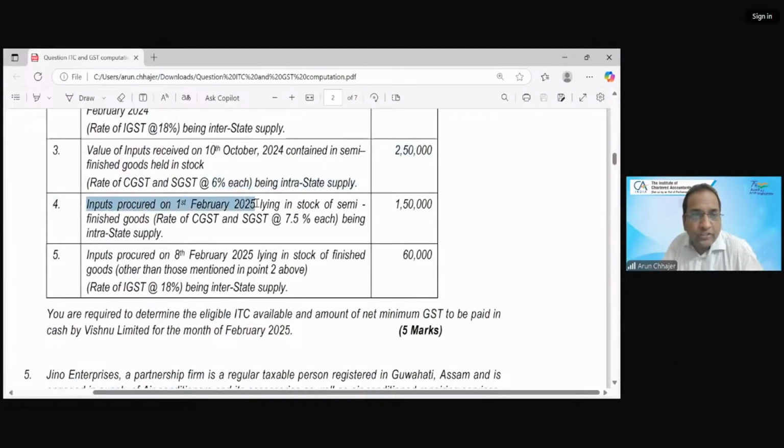Input procured on first Feb lying in the stock of semi-finished goods 1,50,000. ITC available or not available? Will the ITC be available or not available? Very simple. Available. No problem. Sir, this time it is available, no issue.